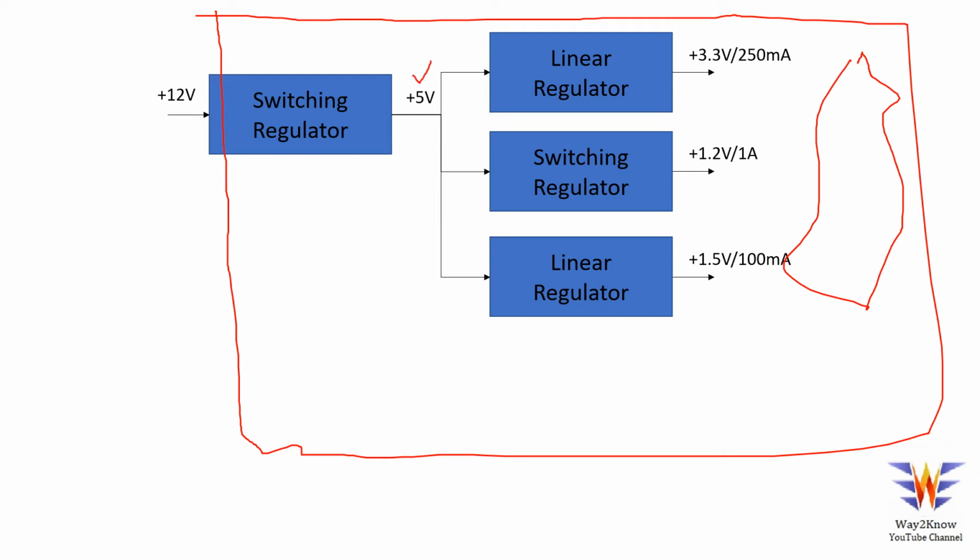And from this 5 volts, I am using a linear regulator and generating 3.3. And this 3.3 has around 250 milliamps of load, let us assume. And then there is one switching regulator which generates about 1.2, and it gives around 1 amp of output current. There is a third regulator which is a linear regulator which generates 1.5 volts at 100 milliamps. So this is a scenario.